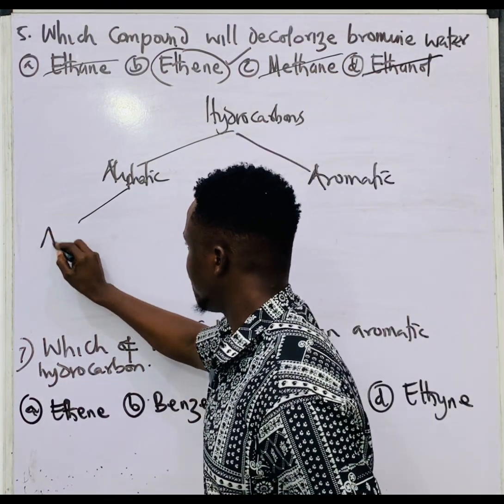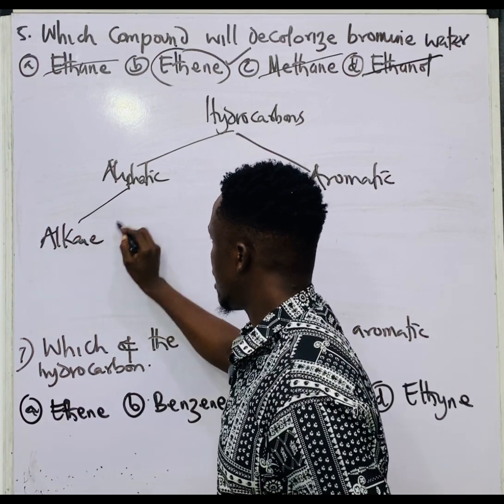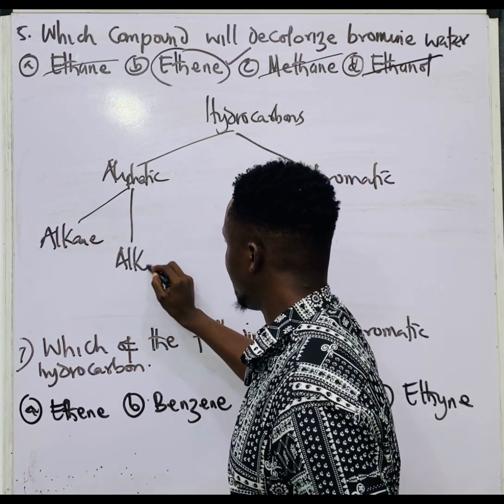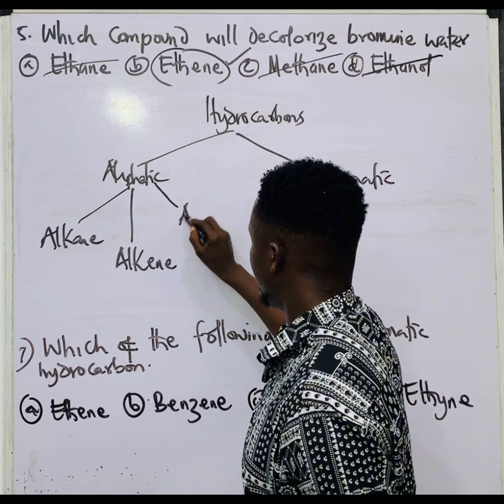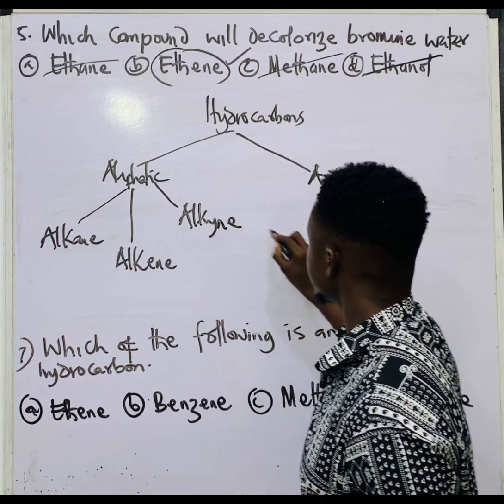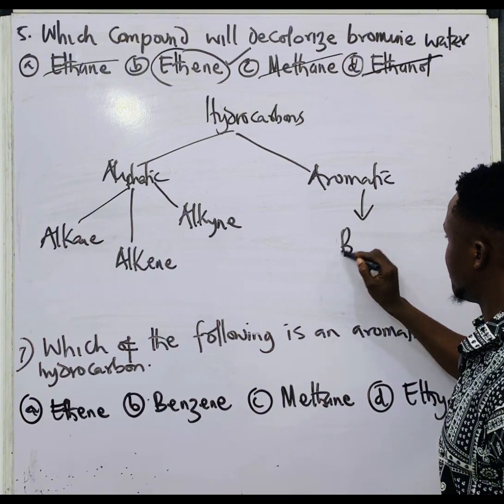Under the aliphatic, we have alkane, alkenes, and alkynes. And under the aromatic, we have benzene.